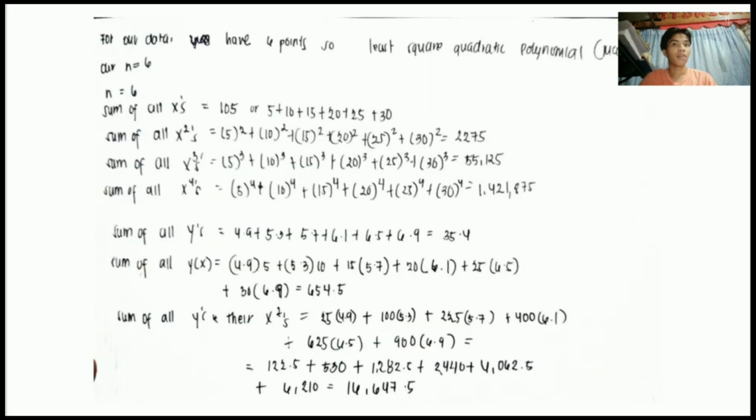Afterwards, we will be able to show our data. We have 6 points, so a least squares quadratic polynomial model. Our n is equal to 6 since we have 6 data, and we need the sum of all our x's. This is just like what we did with the quadratic polynomial earlier.